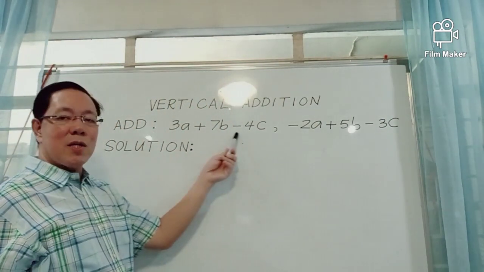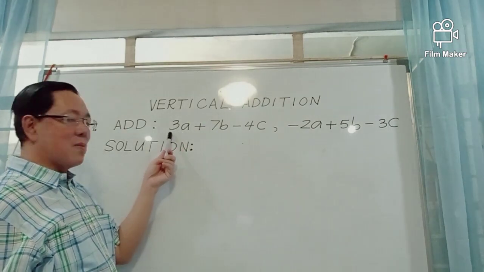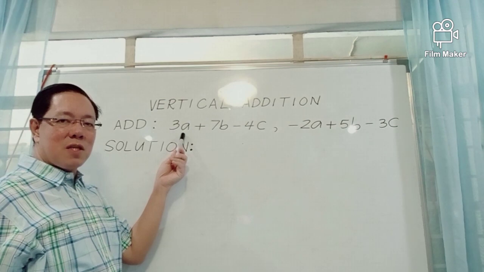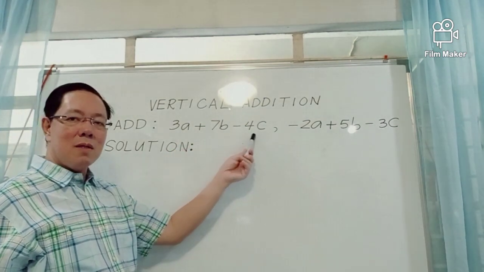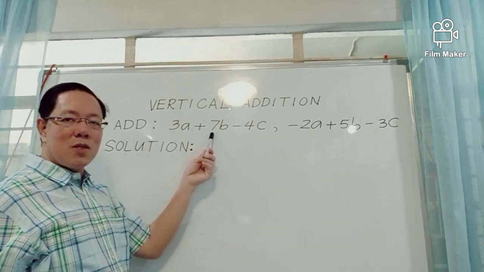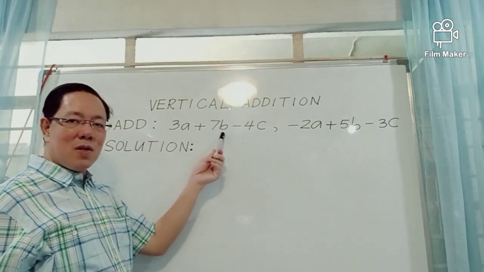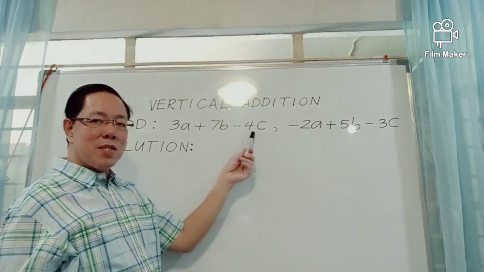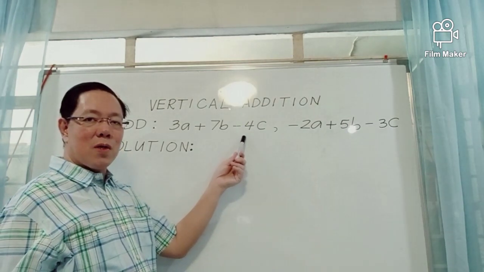In the first trinomial, the numerical coefficient of the first term is 3. A is the literal coefficient. In the second term of this trinomial, 7 is the numerical coefficient. B is the literal coefficient. For the third term, the numerical coefficient is negative 4.